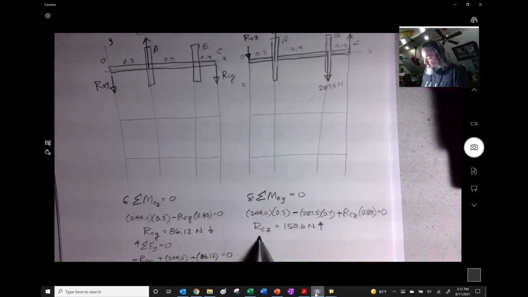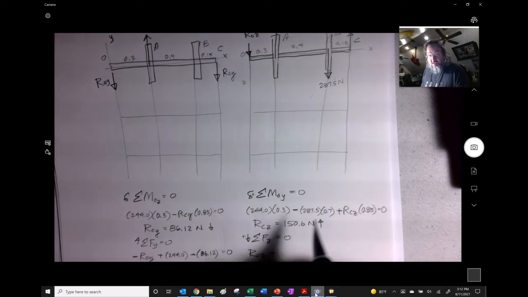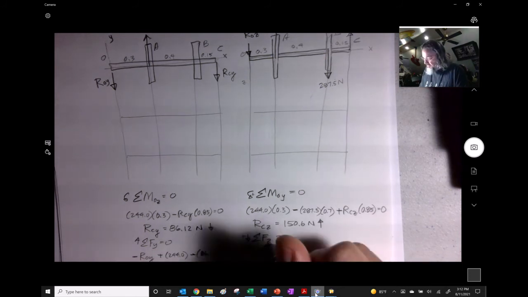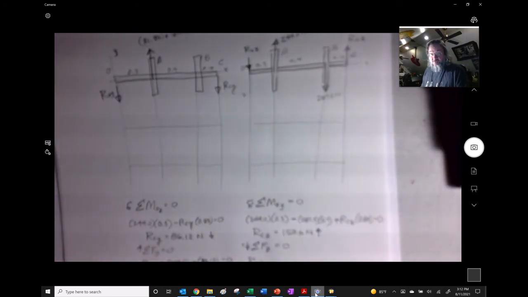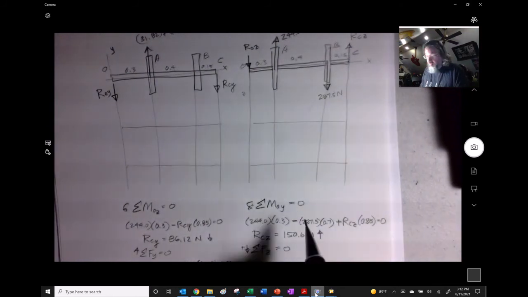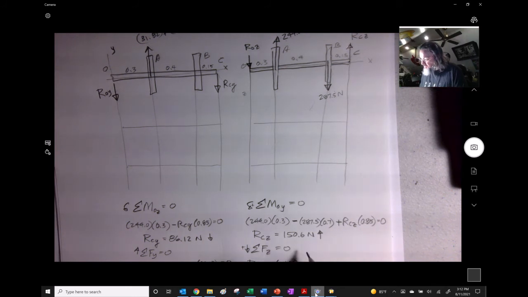And then sum of the forces in the Z direction, downward is that way here, equals 0. So we get ROZ plus, minus. It's going that a ways, and we're saying downwards, at least downwards on the page. So minus, downwards is positive. So this is upward, so it's negative.